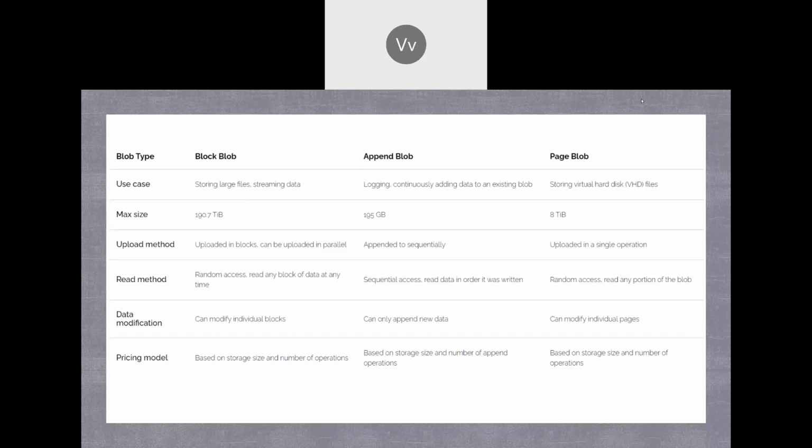Here we're talking about the file. If someone asks you that there is a blob of about 1 TB, is it a blob, append blob, or page blob? They'll say it is a blob, because the max size is 8 TB. I think for the append blob, they can ask that way.